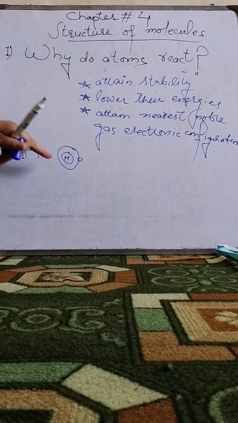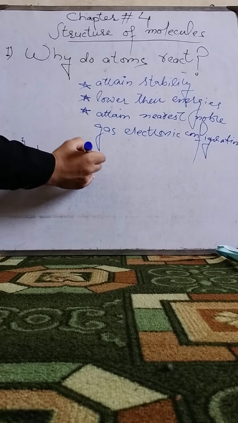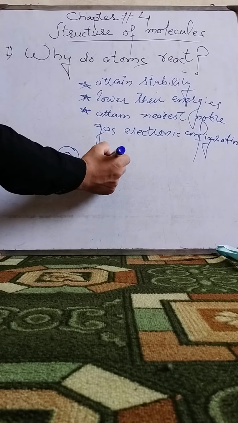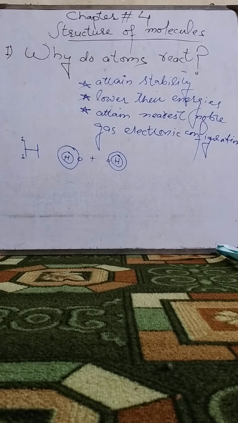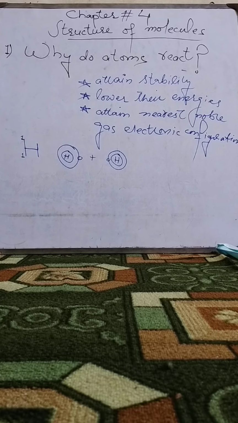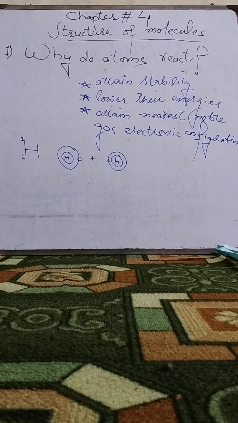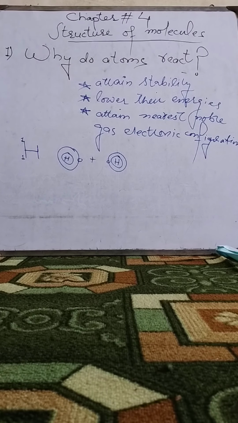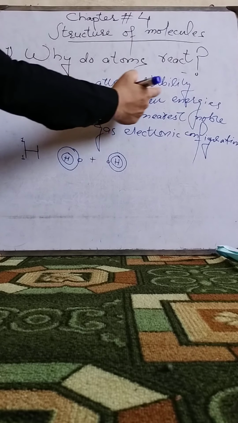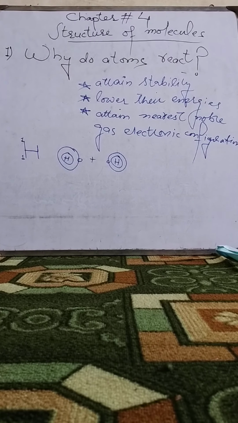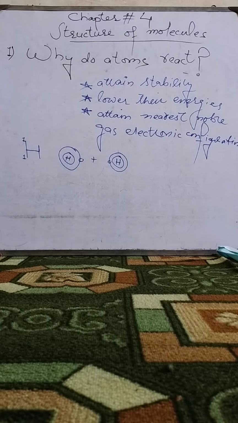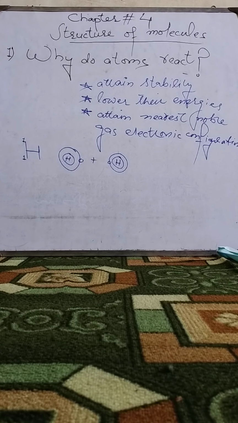So this atom will react with another atom. Why? Basically our topic is why do atoms in nature react with each other. The reason is that this hydrogen atom wants to attain stability. It wants itself to become much more stable.